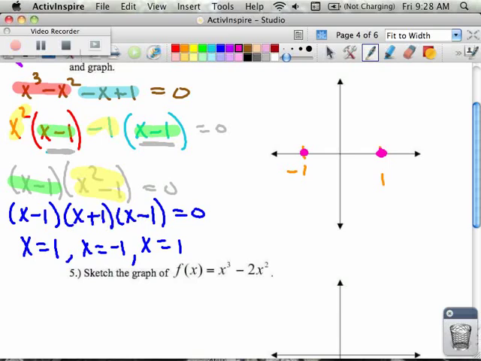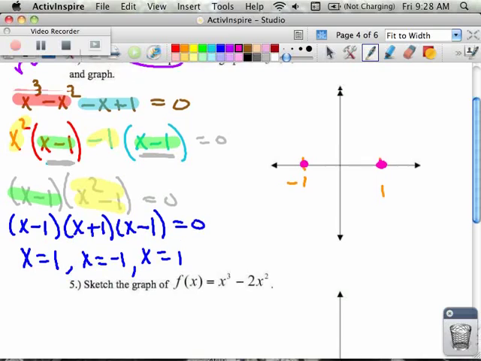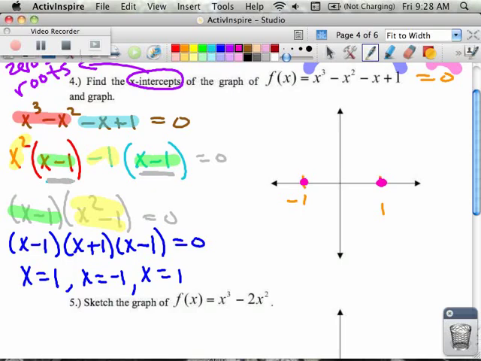And did you notice that in this graph, when they gave it to me, it was x cubed? What does that look like? An S that goes up to the right, down to the left, yes? So I know it looks like this, because it has to touch those points.